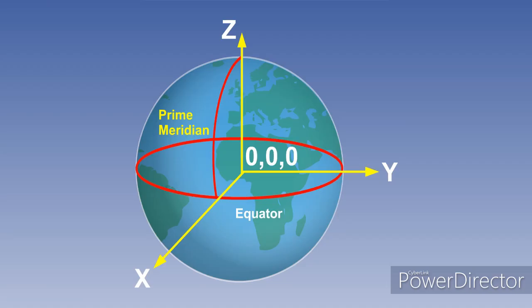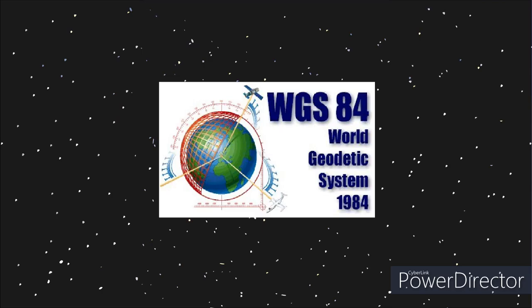Global navigation satellite systems use an Earth-referenced 3-dimensional Cartesian coordinate system to define positions, with the origin of the coordinates being the center of the Earth. Because the GNSS systems are global, a common model of the Earth was required.